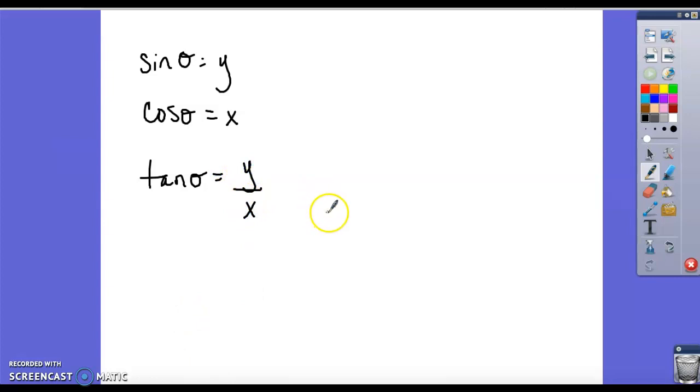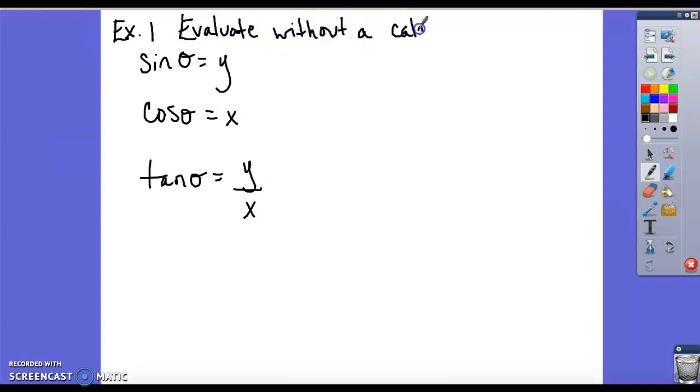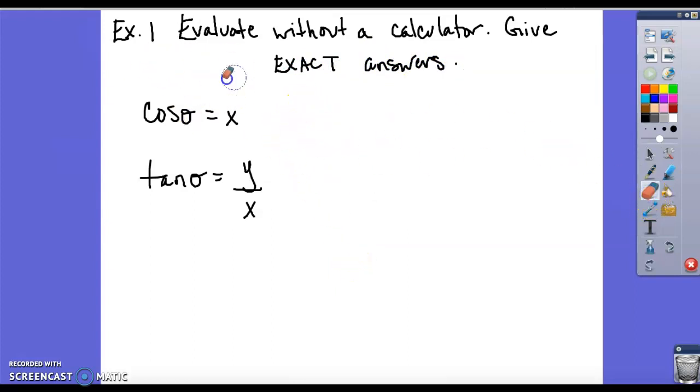So if we want to find some exact values of angles, and this is the only example we're going to do, we're going to evaluate without a calculator. We're going to give exact answers, so no decimals. It's kind of messy, I'm going to erase that, but remember that.